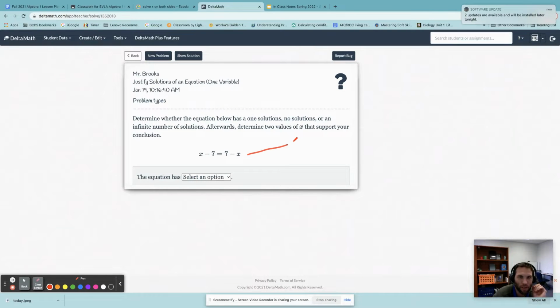So the first thing that could happen is you have one solution, and that's what you do a lot. A lot of the times you have one solution. Okay, and then another outcome that could happen is you could have no solutions.